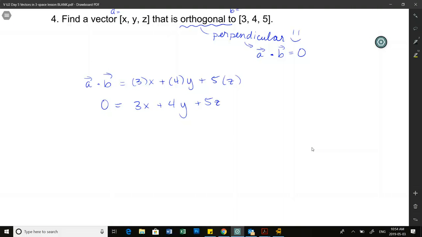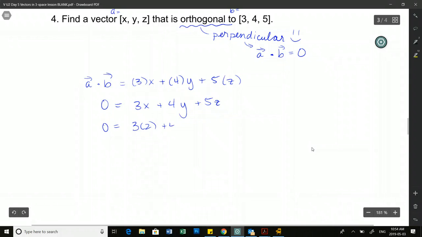I can find one with, let's say, 2 and 1 for the x and y, and I simply solve for the z that makes the dot product equal to 0. So let's suppose we let x equal 2 and y equal 1, and then we just solve for the z that makes that dot product 0.